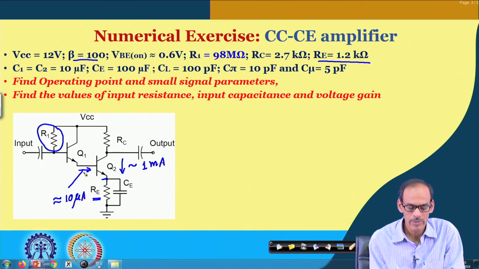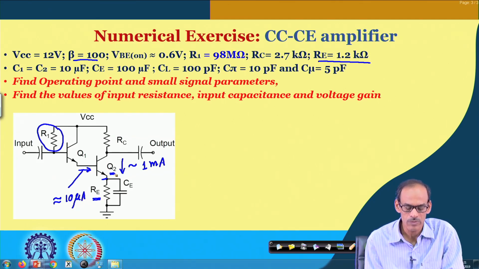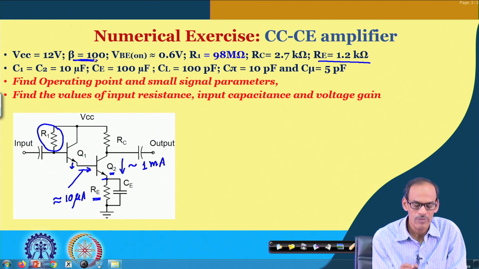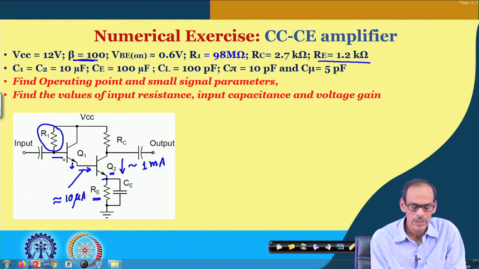If this 10 microampere base current of Q2 equals the emitter current of Q1, then, because the beta of Q1 is also 100, the required base current for Q1 is 10 microampere divided by 100, which is in the order of sub microampere. In fact, this is equal to 0.1 microampere.